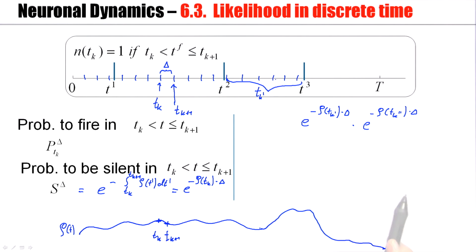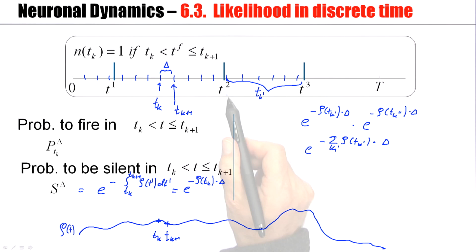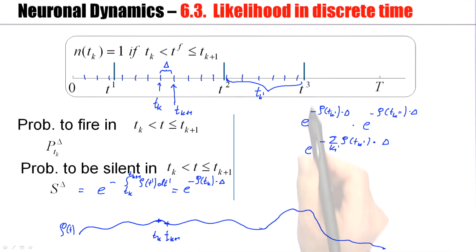I have exponentials here. The product of exponentials can be written as a sum. Rho of tk prime, I sum over all k prime times delta. Now I sum over all tk primes that lie in between t2 and t3.